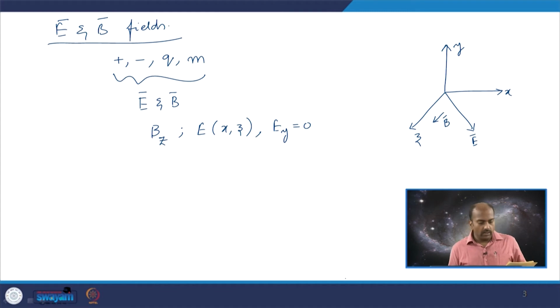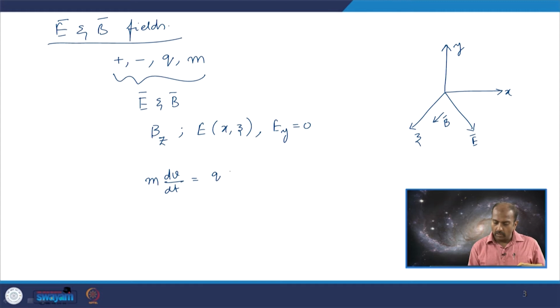As you see, the z component of the velocity is unrelated to the transverse component and can be treated separately. Then how do we write the equation of motion? We write simply m dv/dt equals q times E plus v cross B. What we have done so far is that we have dealt with this equation separately.